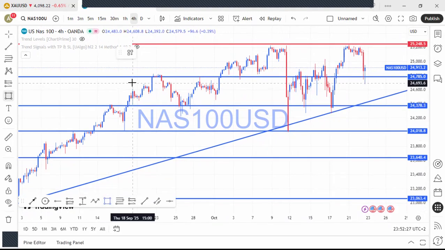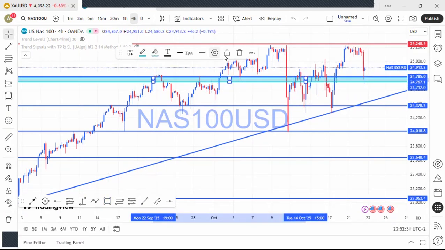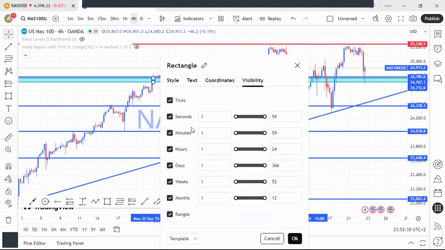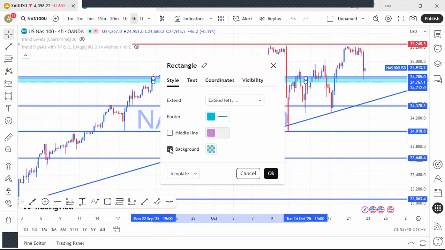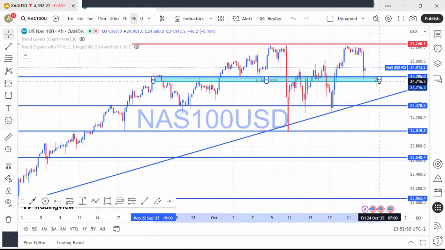As you can see, we have our support zone. So as you can see, guys, this is our support zone.